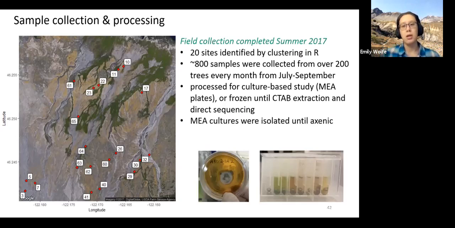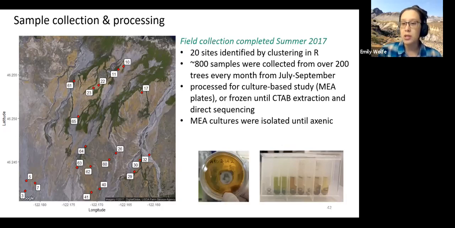So you slot the leaf in and then you can surface sterilize them in bulk and let them dry. You section those, you plate them onto the malt extract agar, and then you wait to see what emerges from them. In previous studies, there have been up to 7 things growing out of them, and so it takes quite a bit to section those out and then isolate them so that you just have one morphotype per plate.